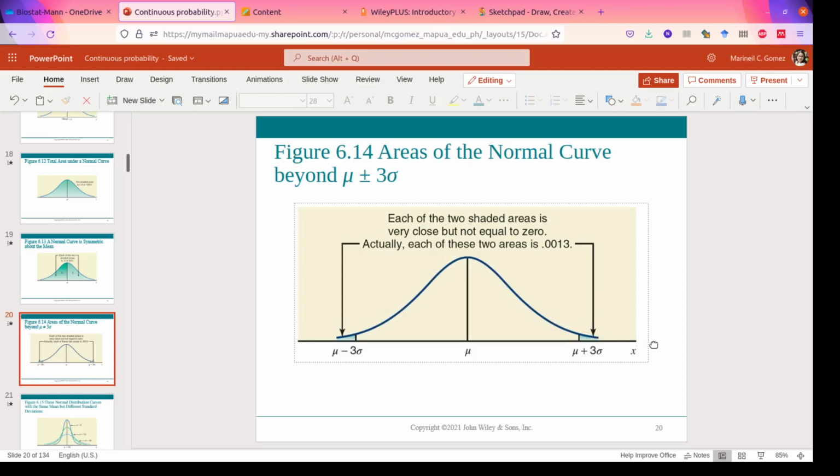That means it's very, very highly unlikely that a certain outcome will be very far from the mu. Basically, an outlier. That's what this graph actually means. At regions far from the center or the mean, you have a very, very small probability of getting values that are far away from the average or the mean.